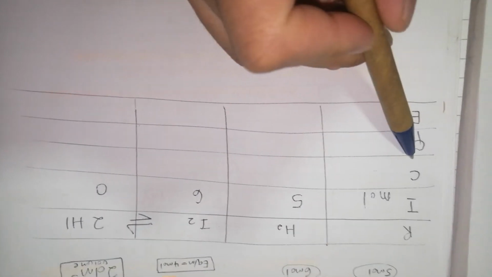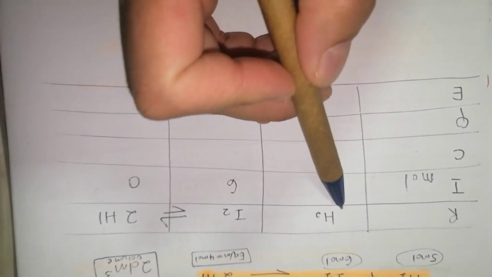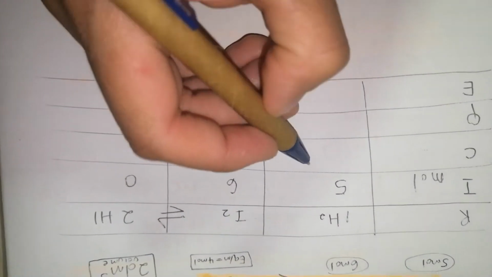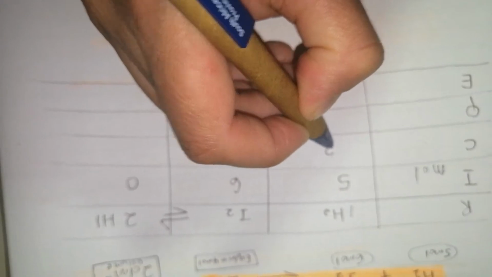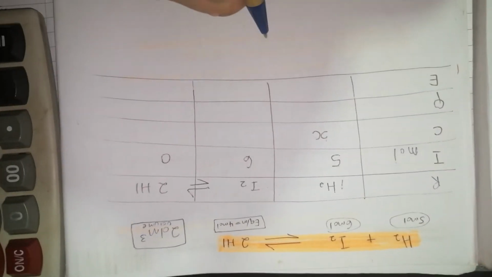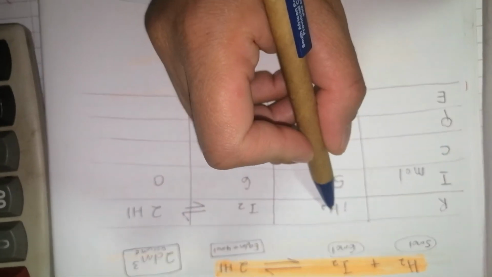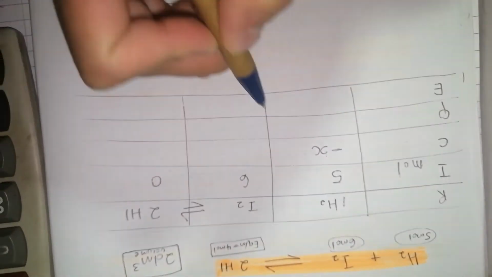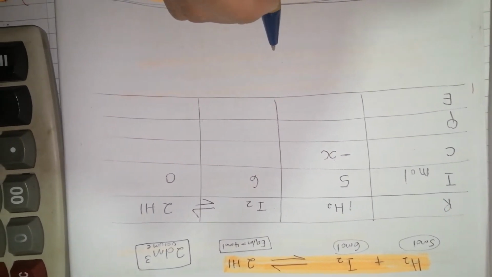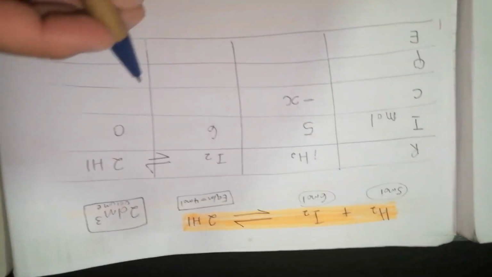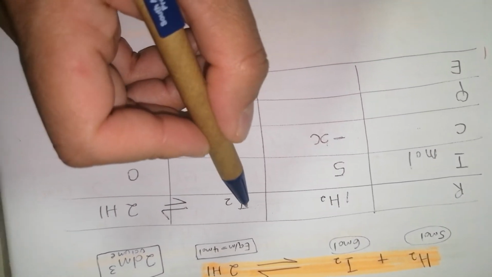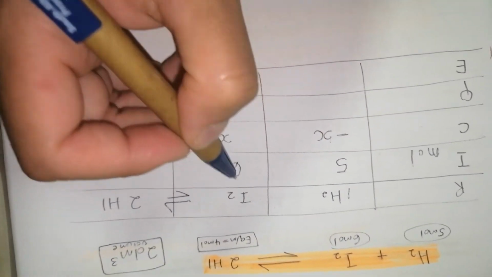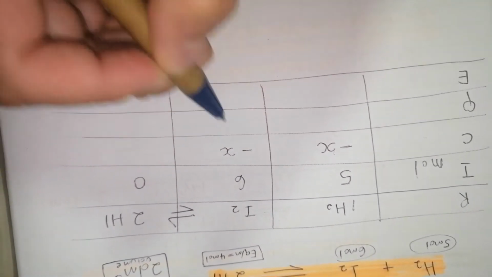So when you're dealing with C, you're going to have H2 and H2 has a 1 in front of it, right? So it's going to be 1x, but I'm just going to write x because you know that stands for 1. And because it is a reactant, I'm going to put a minus in front of it because reactants always decrease, so the minus shows it decreases. And then for I2, the same thing. The coefficient is 1, so it's just going to be 1x. And also it's a reactant, so I'm going to put a negative sign.